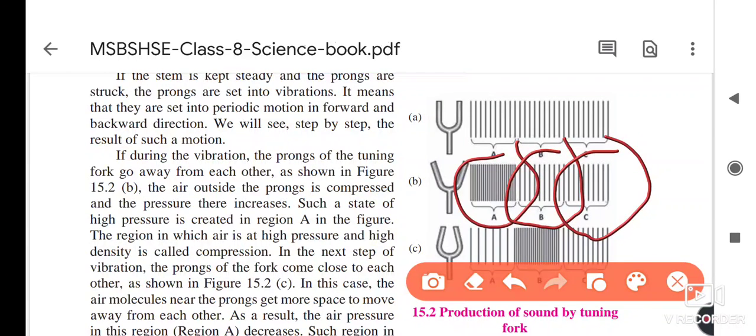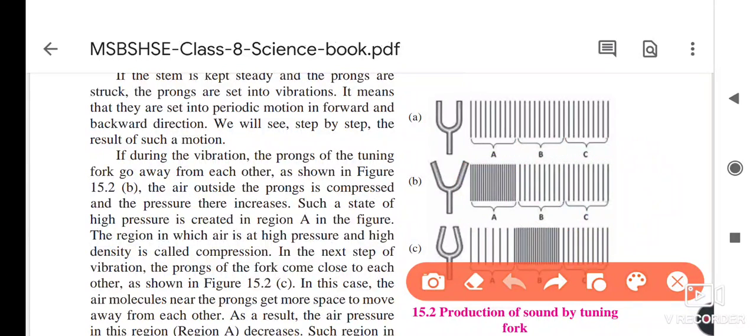So in region A, the pressure increases, and it increases the density of air. It is called compression.